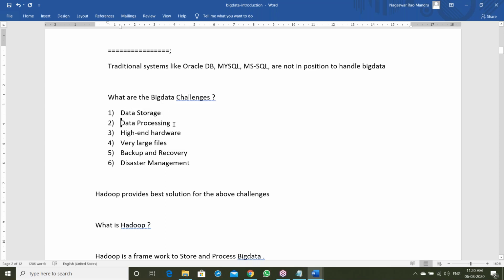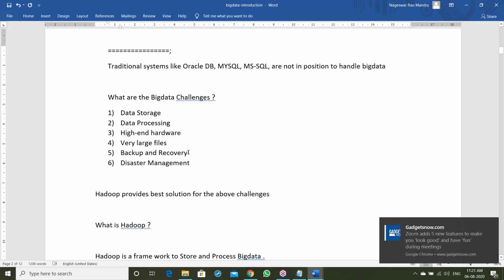Even big data can be processed in less time, and high-end hardware is not necessary. Next, very large files: Hadoop can maintain very large files also. Next, backup and recovery tasks are handled by Hadoop.